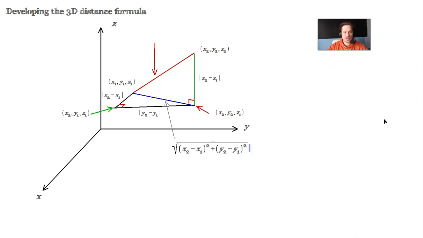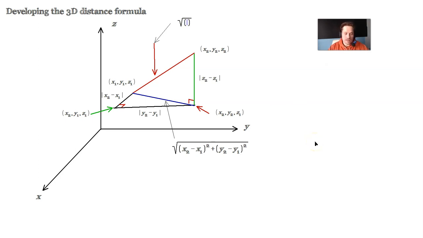With respect to the vertical looking triangle, where one of the legs is that green piece, that becomes the following then, in terms of the final formula that we need. I'm going to write it over here. Follow those arrows. It's going to be the square root of the length of the blue one, but we already know what that is.